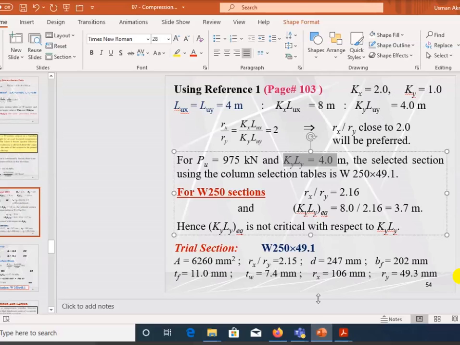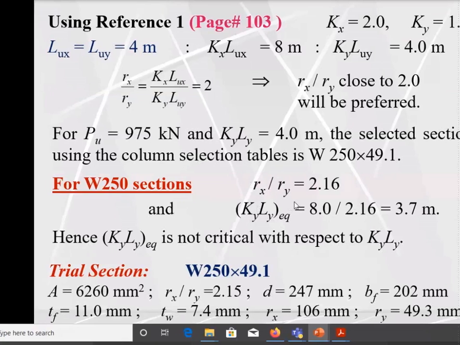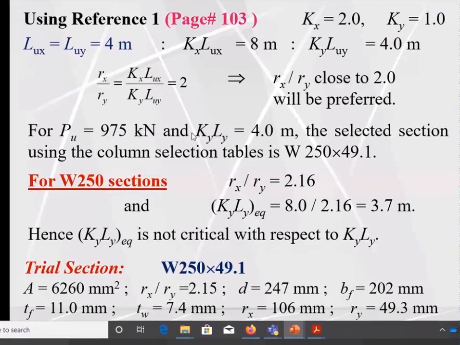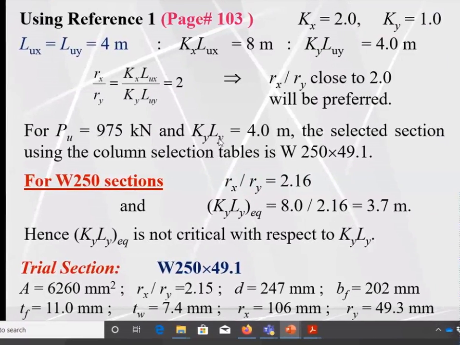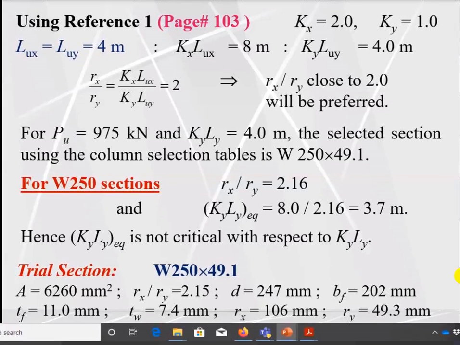So by using the concept of equal strength column, because you have selected the section based upon KyLy, now you need to check the capacity about the y-axis also.